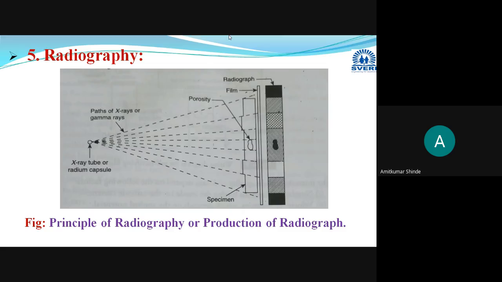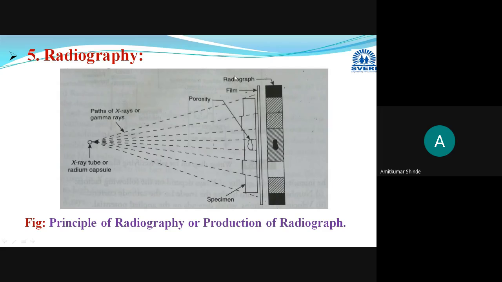When you mention X-rays only, you change this name to exograph, and when gamma rays are used, you write radiograph.